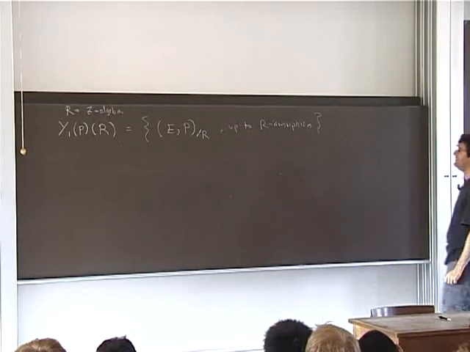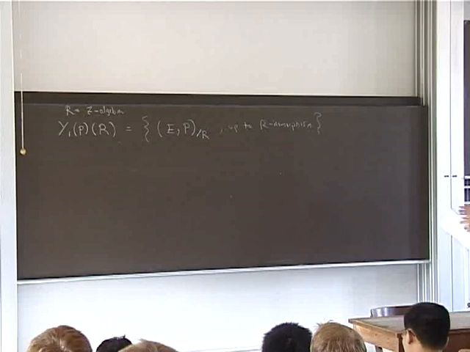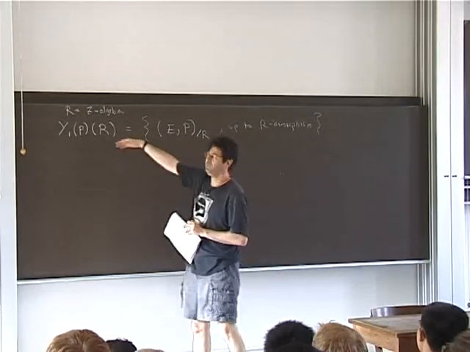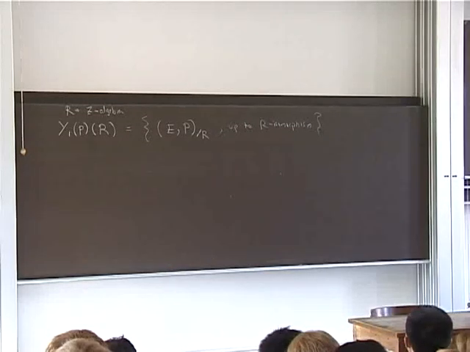Okay, so it's a fact that this moduli problem is representable by a scheme, and so this set is in natural bijection with the R-points. So this is the curve I'm defining to be Y_1(p).